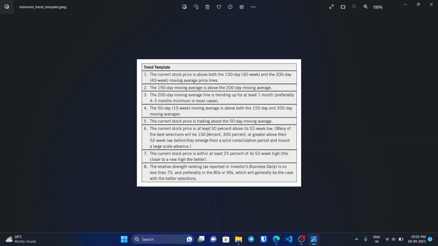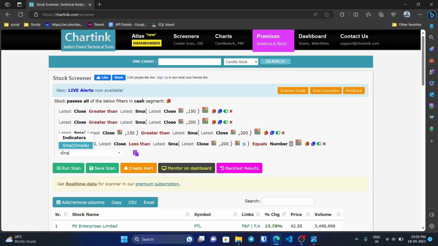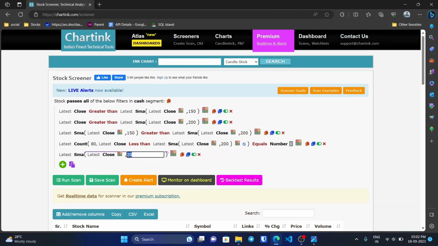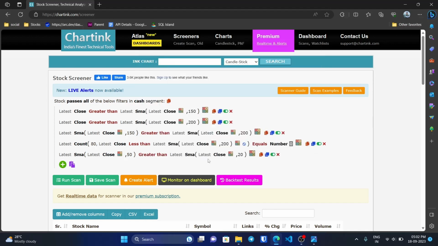Now our next, fourth condition is that the 50-day moving average is above the 150-day and 200-day moving average. So now we will add our next filter here, that is SMA of 50-day is greater than SMA of 150.